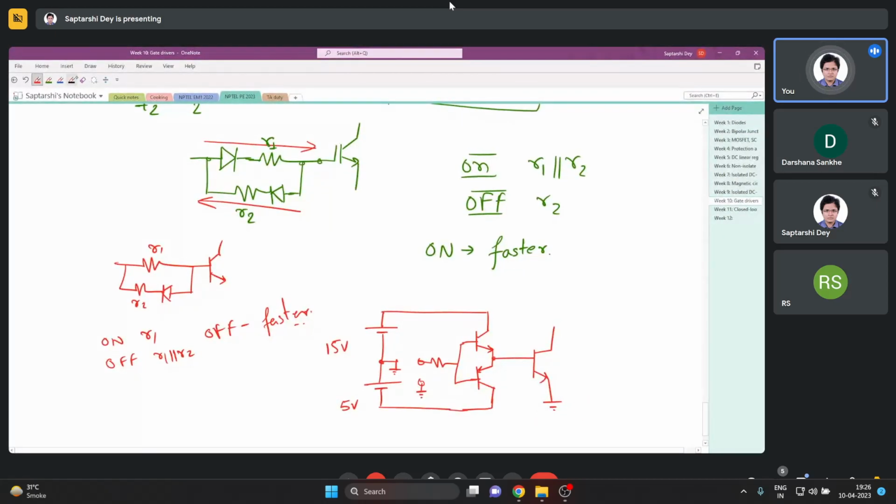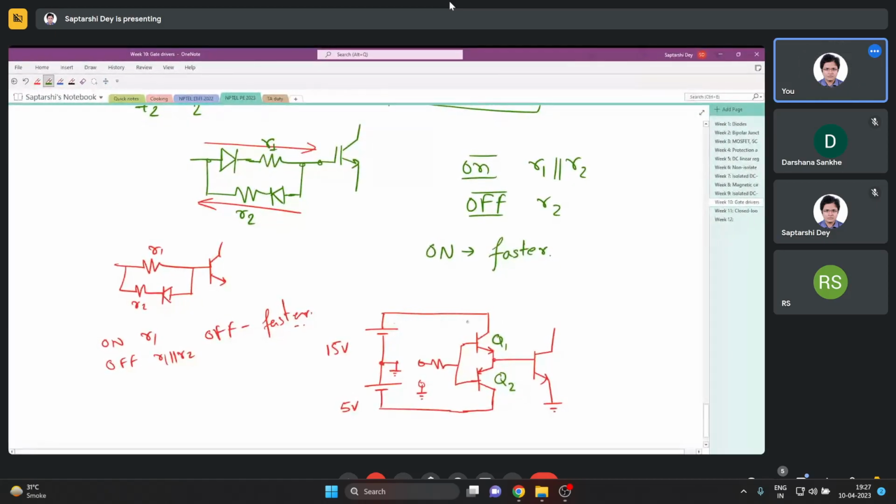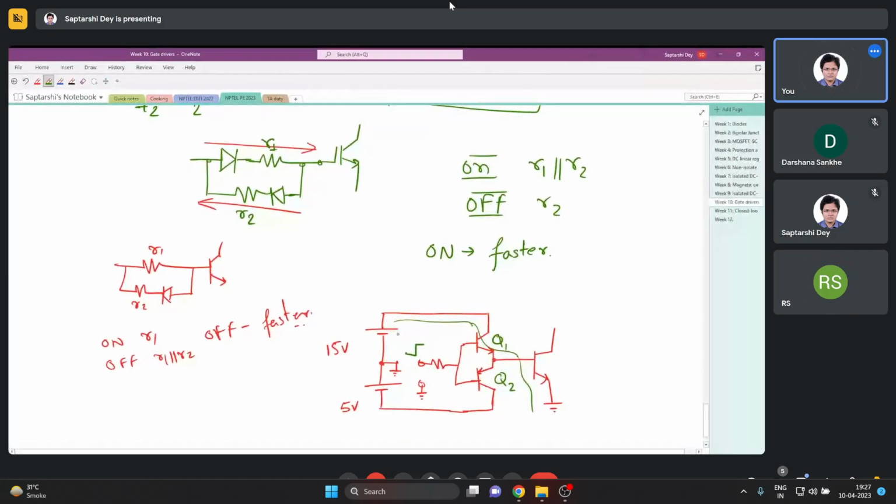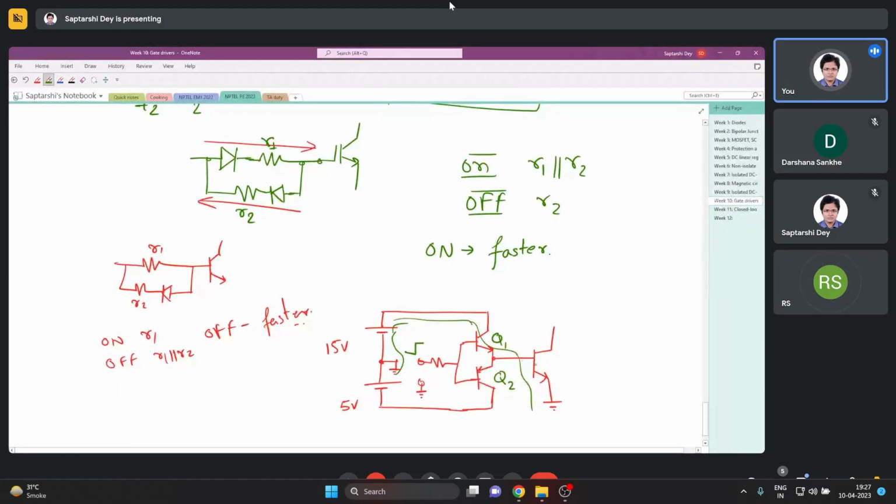When you are turning on Q1, the current flows. Turning on means you're giving a high pulse. Giving a high pulse means Q1 is on, Q2 is off. So the current flows like this. It goes to the ground like this. So the turn on voltage is 15 volt.